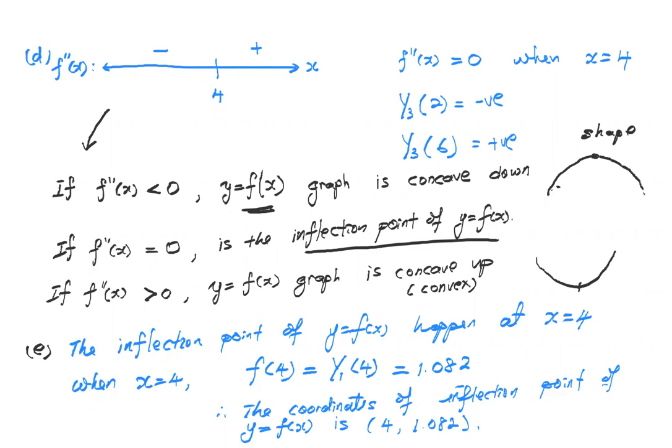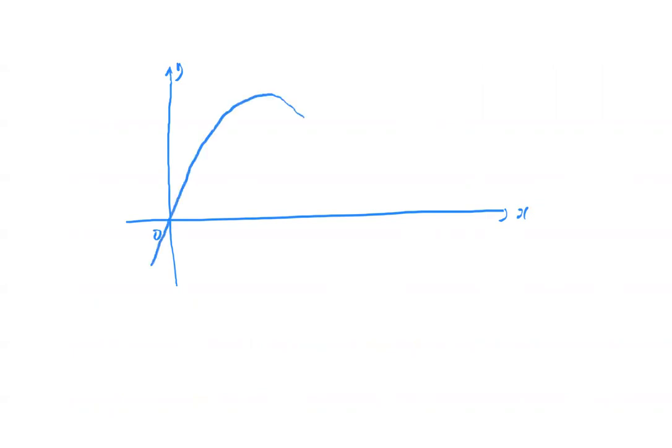Okay, so from today's lesson, I hope all of you try to use your graphic calculator and plot all the three graphs together. You understand what I mean? Try to plot all the three graphs together, see whether you can get or not. Our y equal to f x graph looks like this.